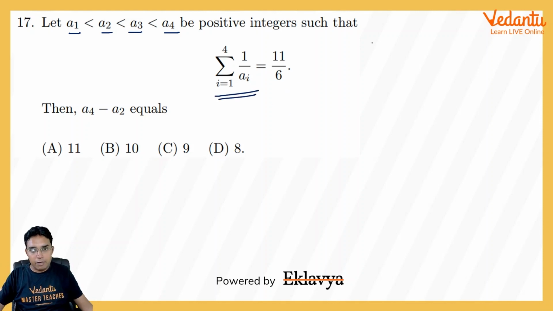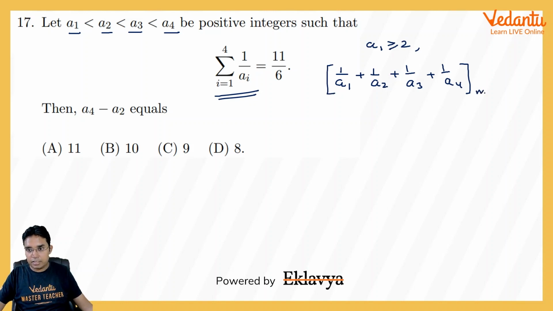For example, if I take my A1 to be greater than or equal to 2, and because A2 is greater than A1, A3 is greater than A2, A4 is greater than A3, then my maximum sum of 1 upon A1 plus 1 upon A2 plus 1 upon A3 plus 1 upon A4 will be, the sum of these reciprocals will take maximum only if I choose the minimum possible values, A1 which is 2 here because I have made the condition A1 greater than or equal to 2.